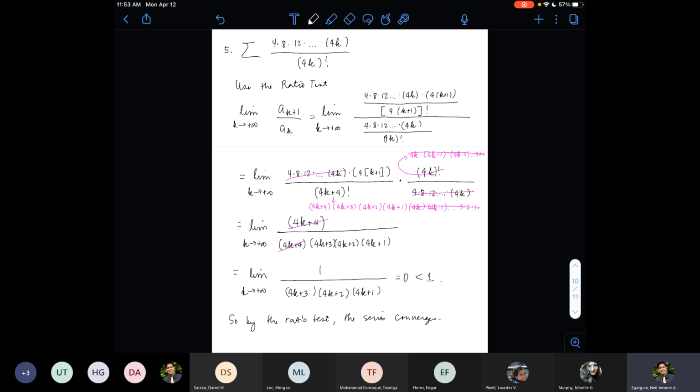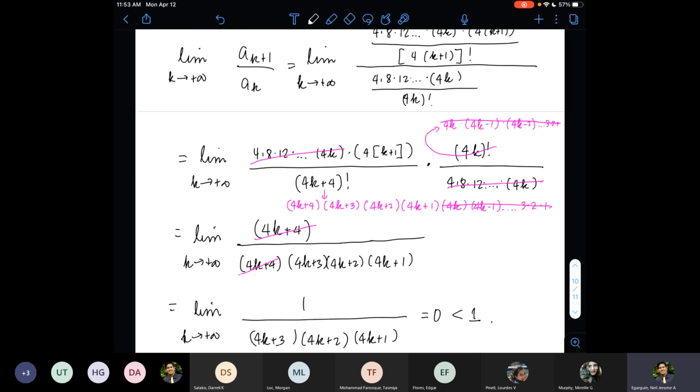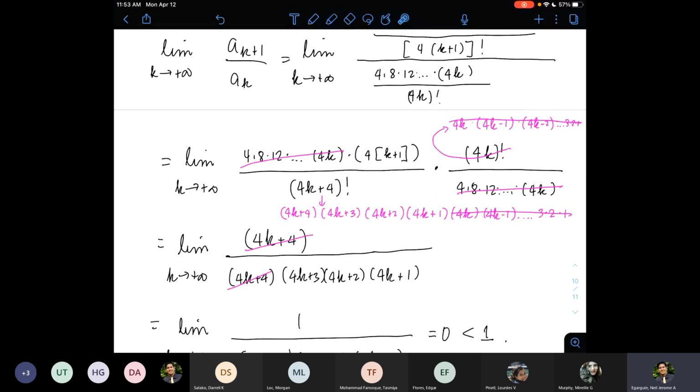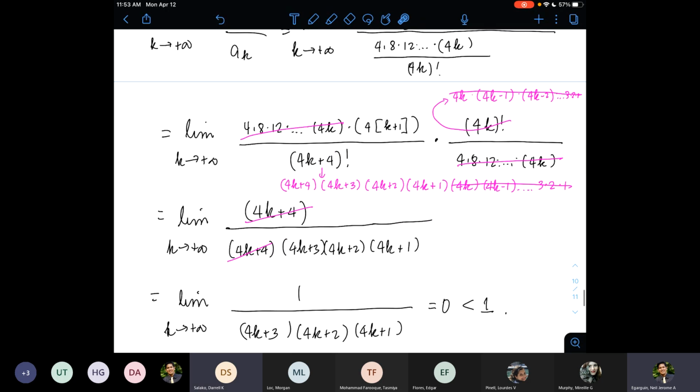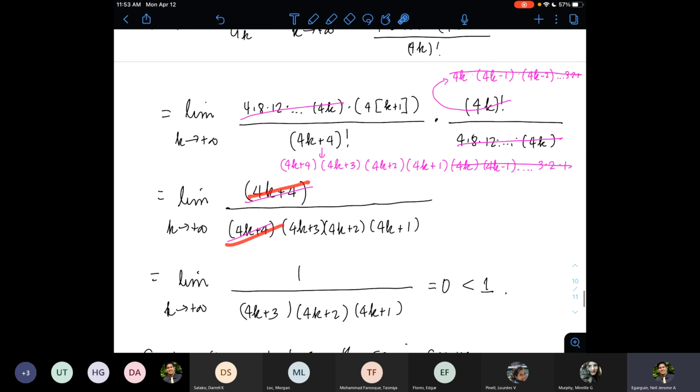Well, actually, upon simplification, I won't go down to 3 times 2 times 1, because if you see here, I expand the 4k plus 4 factorial, and I canceled a bunch of factors because I have a 4 factorial in the numerator. So essentially, upon cancellation, the 4k plus 4s were also canceled.